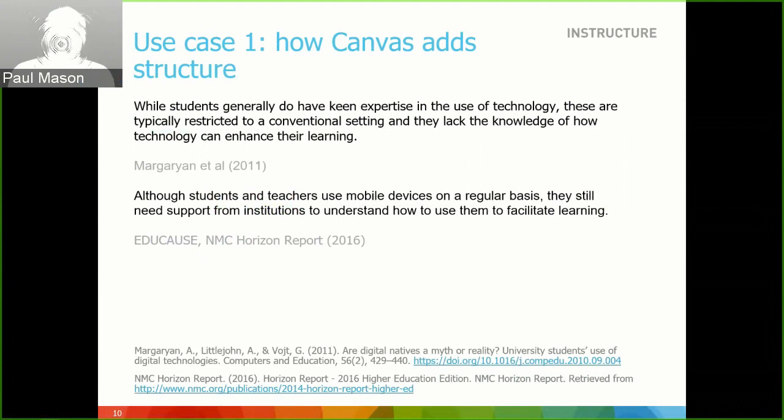Okay, so this slide here, I just include a couple of extracts, not quotes, from one journal and one report. So the first one is from a report called Digital Natives: A Myth or Reality, on how students use digital technologies.